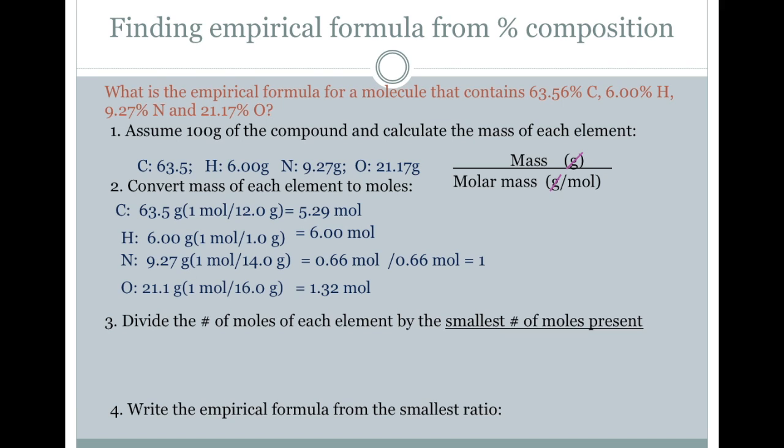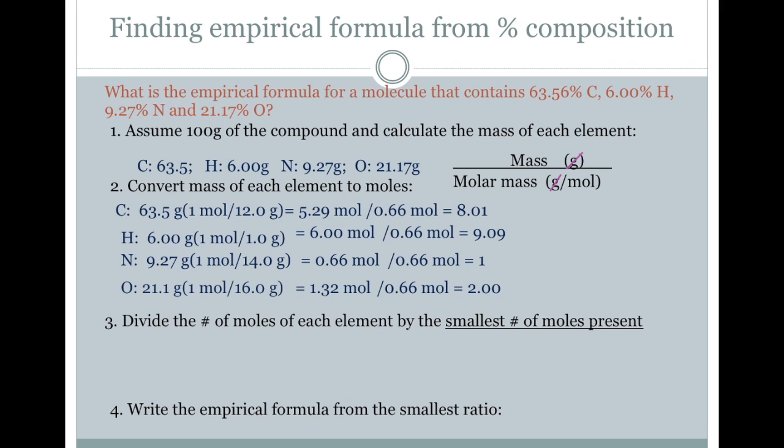So we're going to divide nitrogen, 0.66 by 0.66, which gives us 1 nitrogen. And then we're going to divide everything else also by 0.66. That gives us 8.01 for carbon, 9.09 for hydrogen, 1 for nitrogen, and 2 for oxygen.